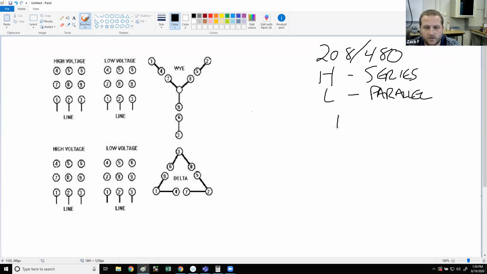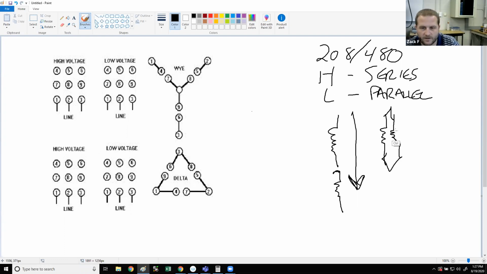So if we take two coils and series them, we're going to get a different effect from a higher voltage. Think about it like voltage drop. You're going to get more of an effect across both of them put end to end than you are if they were, say, parallel. So high voltage series, low voltage parallel. That's just the way I think about it to keep them straight in my head.